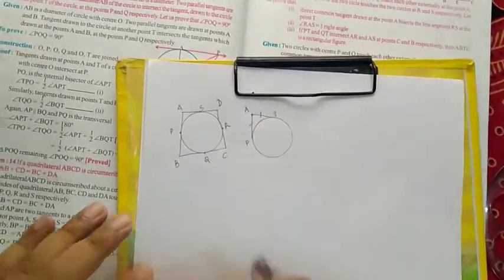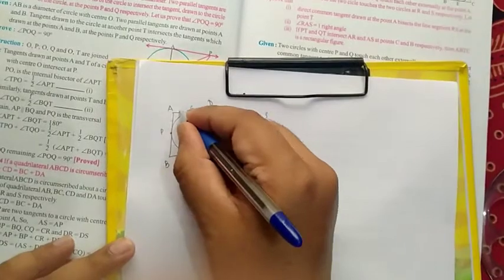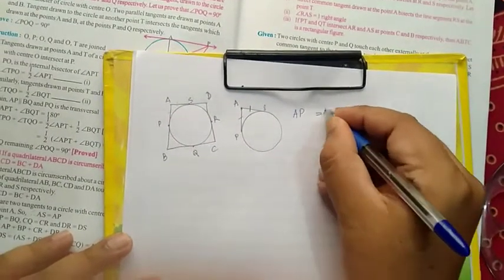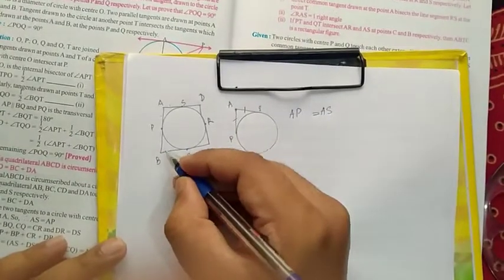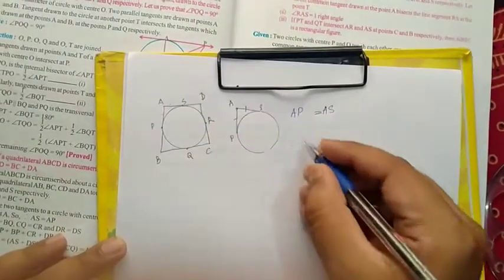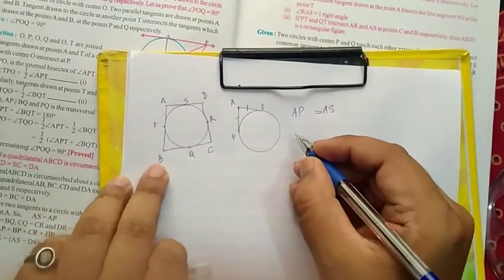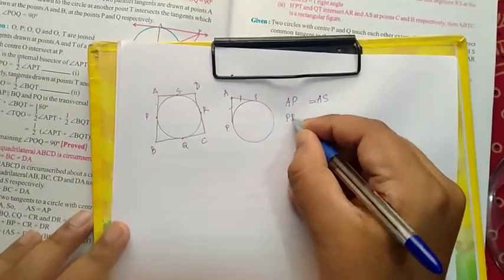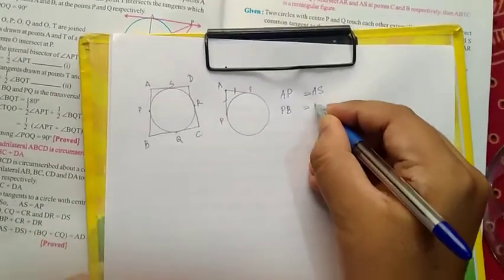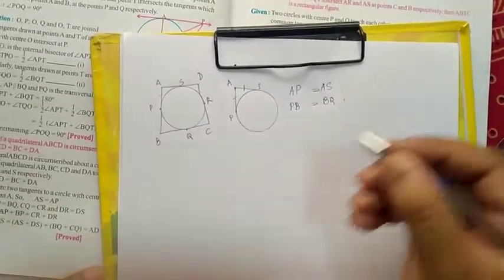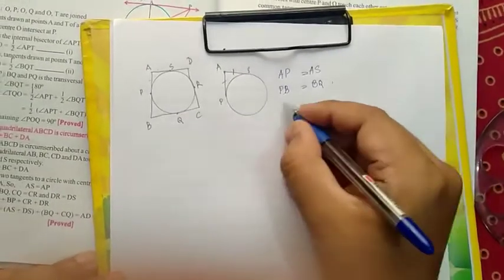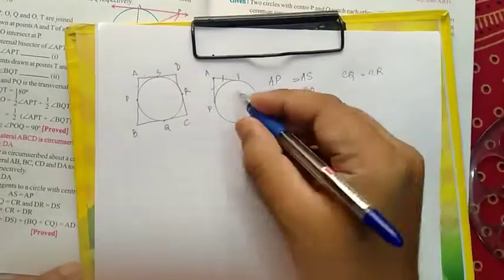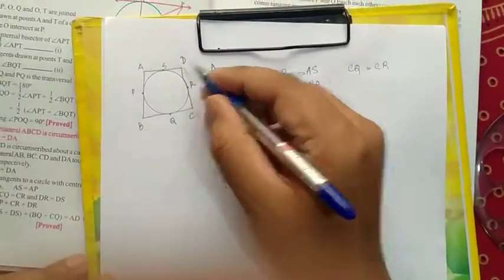From this diagram we can say PB equals BQ, and CQ equals CR, and DR equals DS.